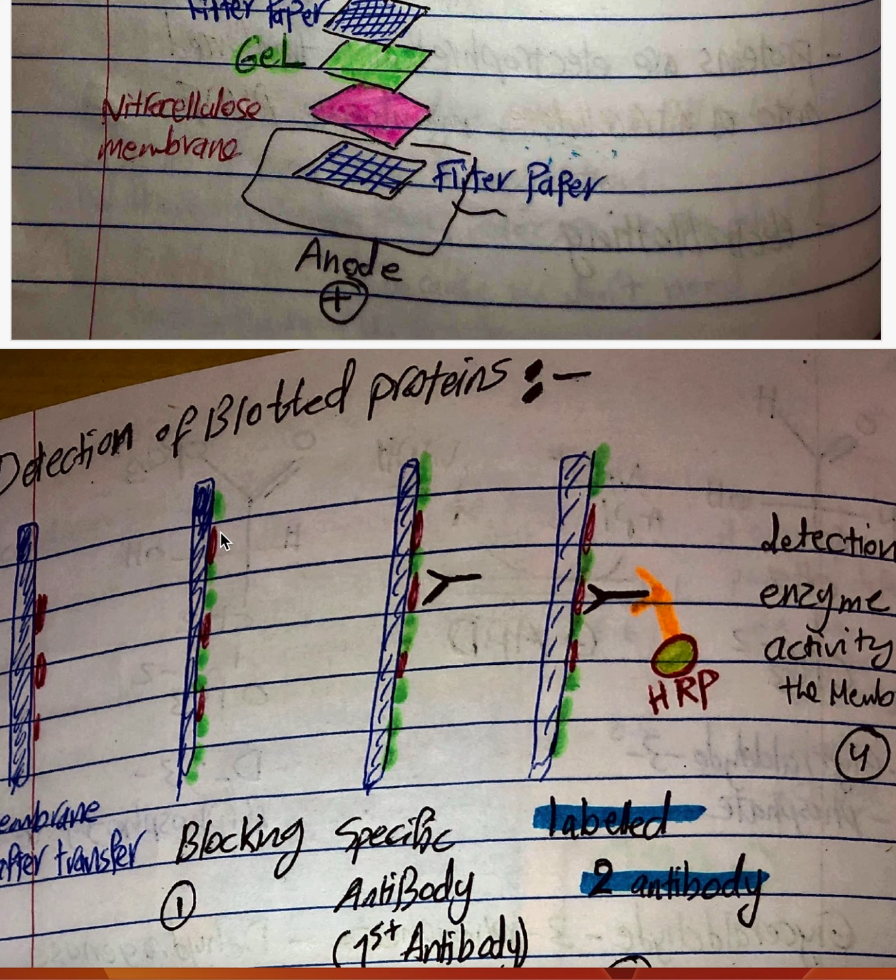What are examples of blocking buffer to prevent non-specific binding? We have two examples. One is non-fat milk, milk without any fat, and the other is BSA, bovine serum albumin, which is a type of albumin. So these are the two blocking agents that we use.